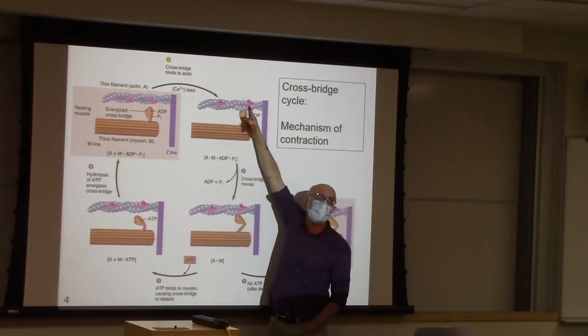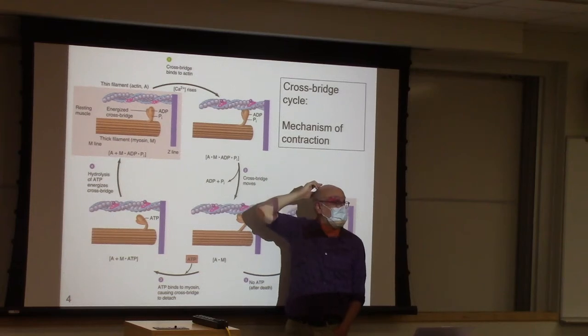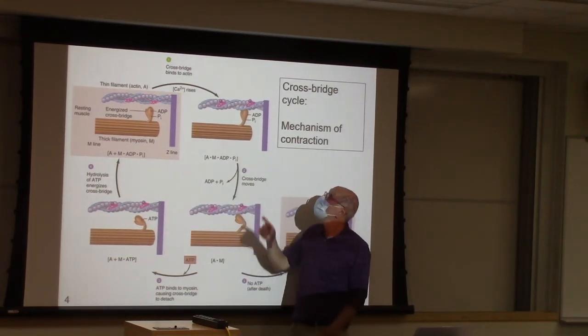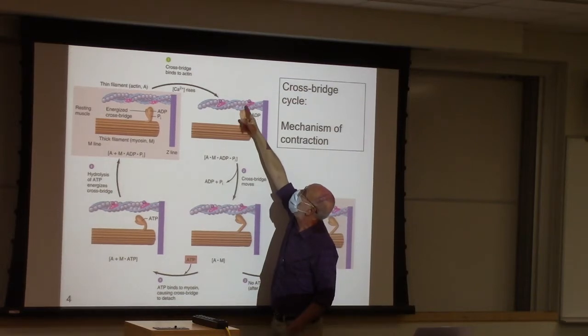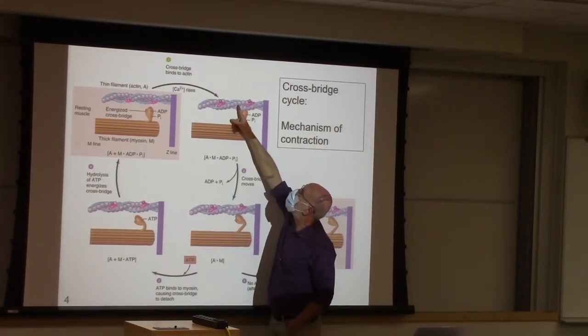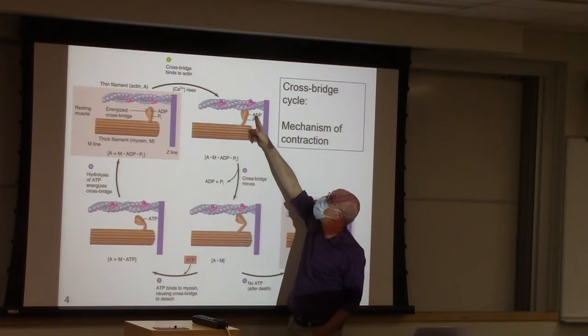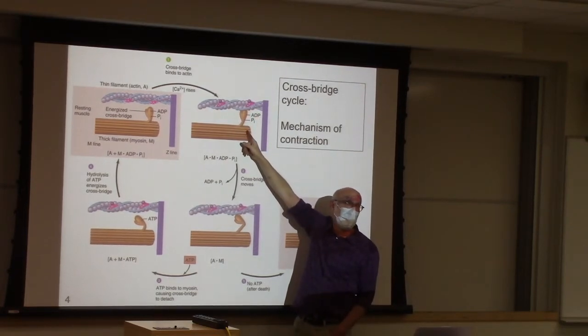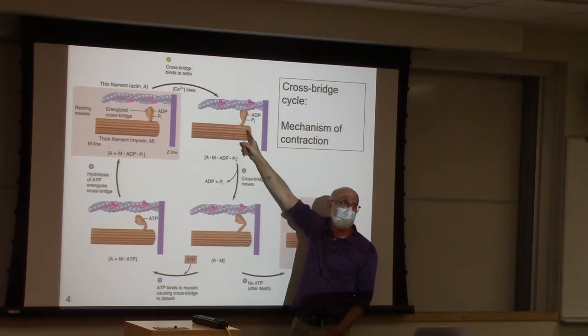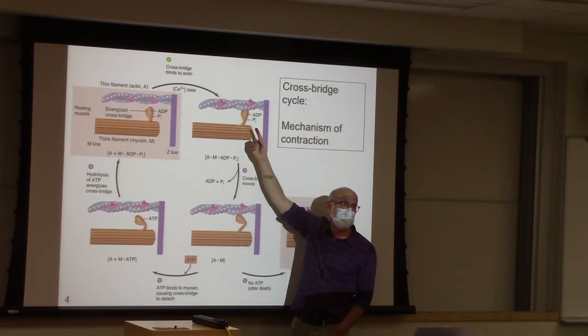Calcium binds to troponin and causes a conformational change. That conformational change of the troponin and tropomyosin exposes the sites on actin that myosin can bind to. So myosin binds to it.